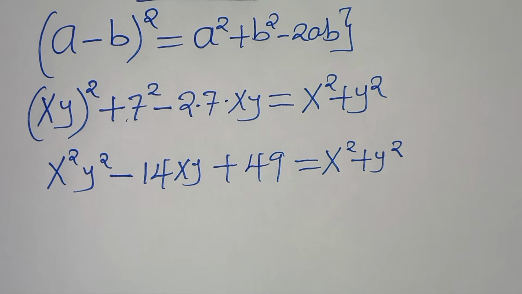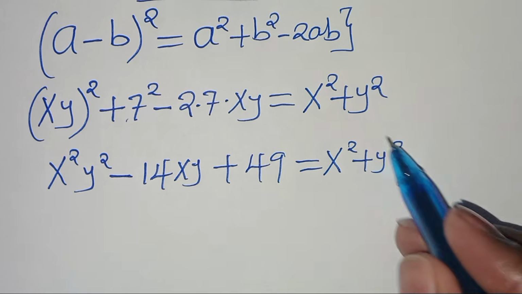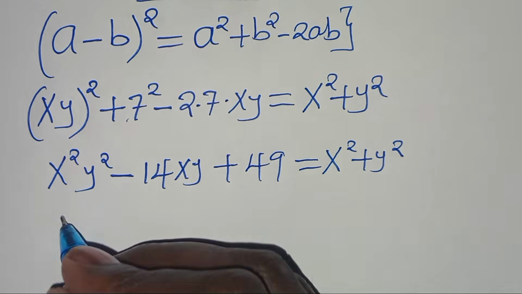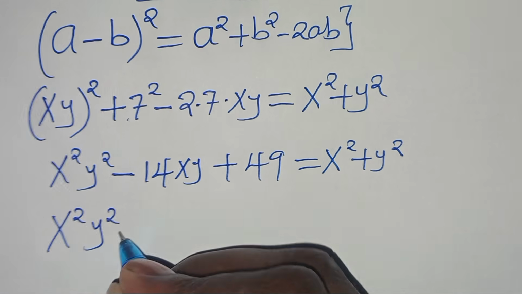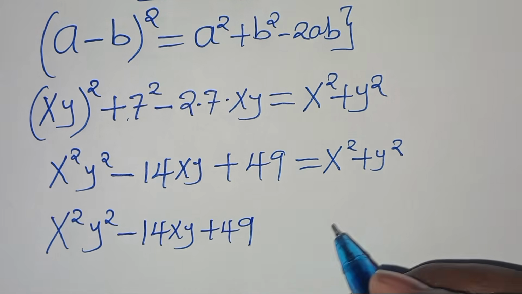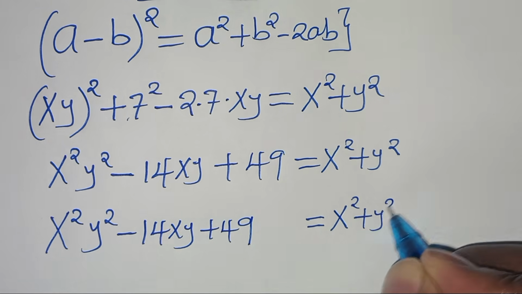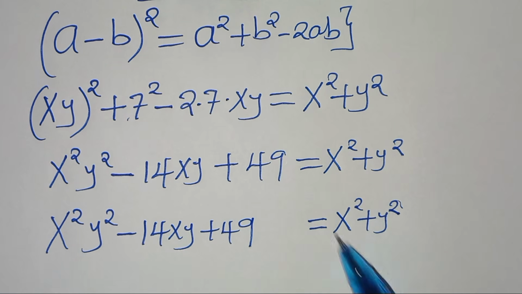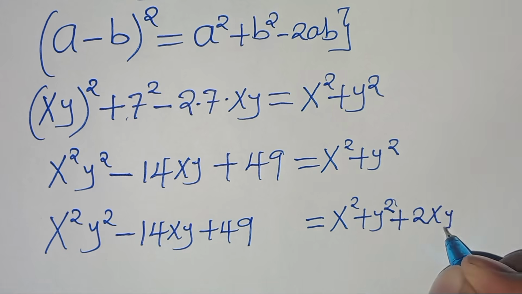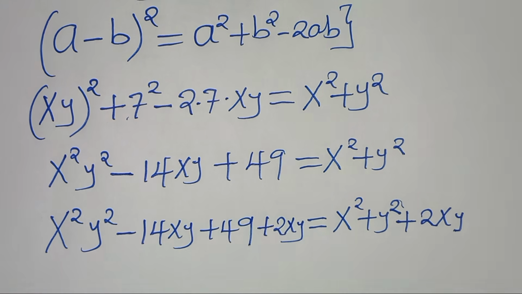Now, on the right hand side, we have x^2 + y^2. To make this an algebraic identity, we have x^2 y^2 - 14xy + 49 equal to x^2 + y^2. So let's add 2xy on this side, and also here we have to add 2xy.